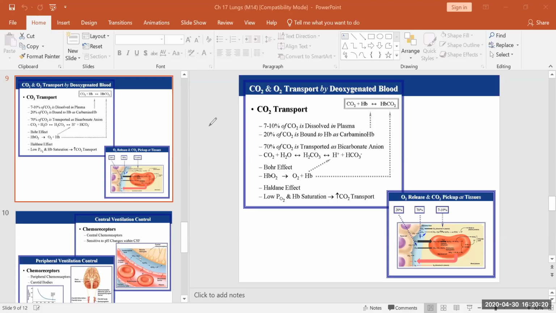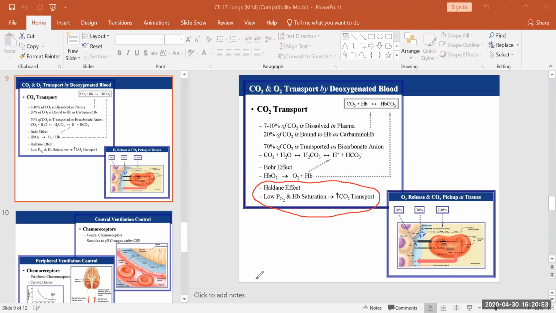So let's start with the Haldane effect down here. The Haldane effect, to put simply, is the relationship between the concentration of oxygen, so low partial oxygen pressure, and it increases the CO2 loading.